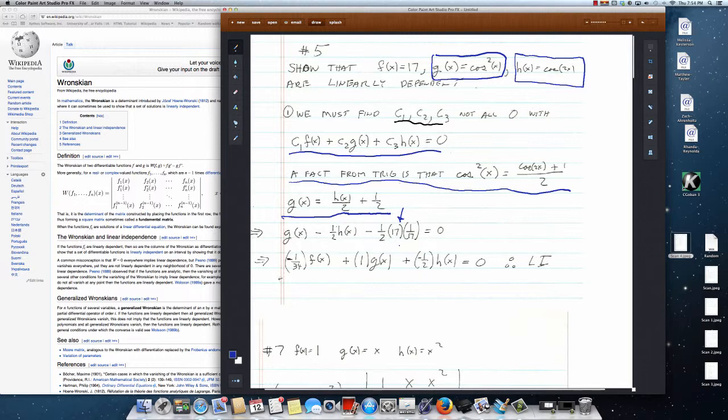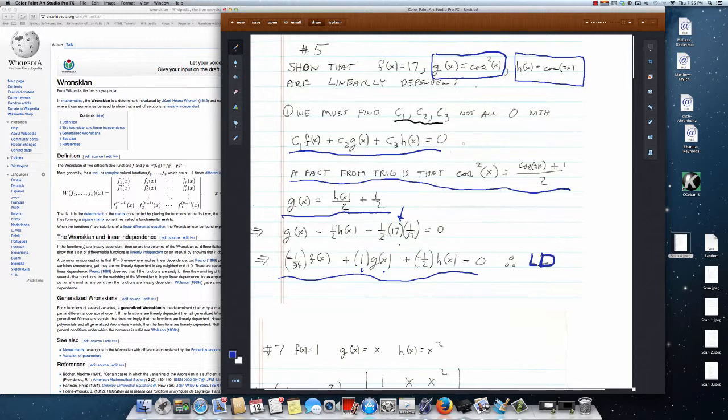So then you can see we have this nice expression: if I take minus 1/34 of f of x plus 1 times g of x, and I add minus 1/2 times h of x, I get 0. That means that these are linearly dependent. What we're usually looking for in differential equations is a collection of linearly independent solutions, so that we can try to write down the general solution to the differential equation, as we will see later. Okay, let's look at number 7.